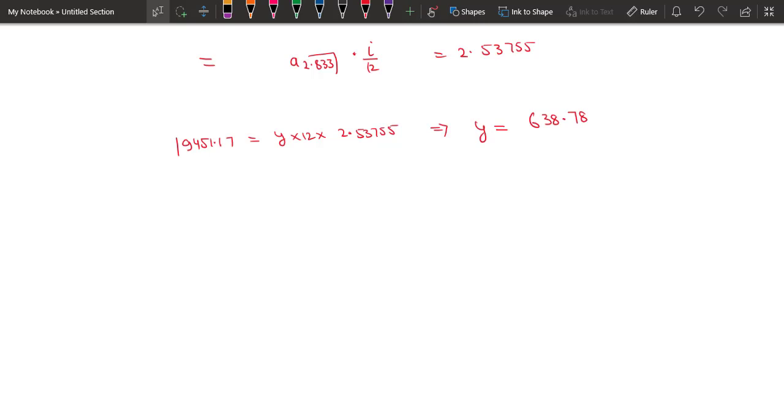So you observe that the value of the installment is raised approximately 38 to 39 rupees.